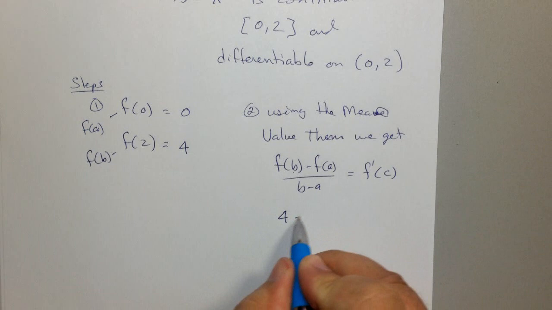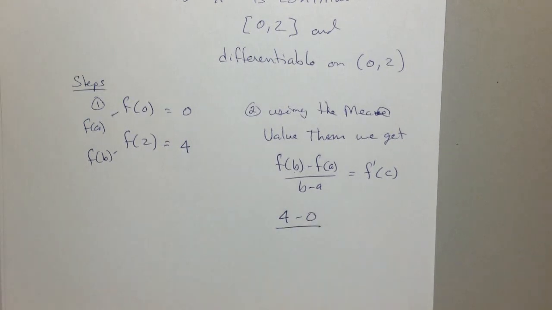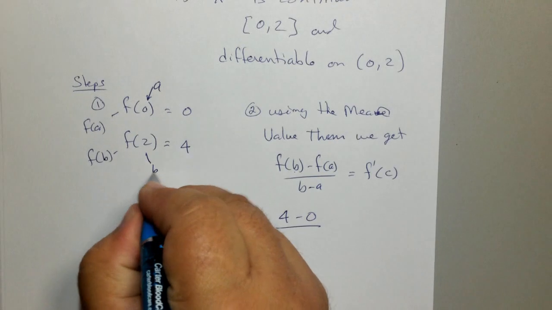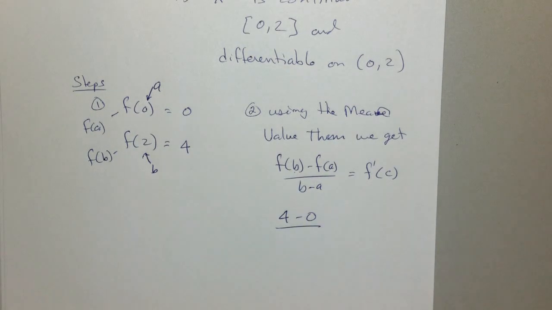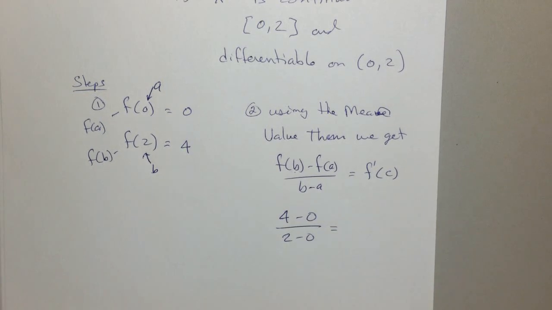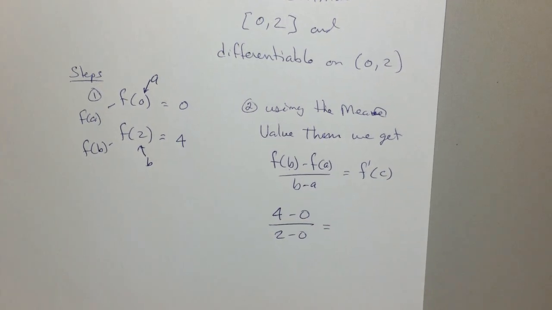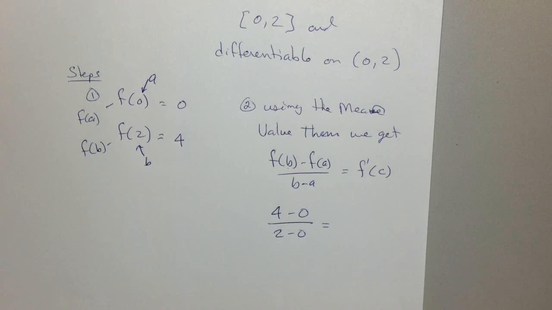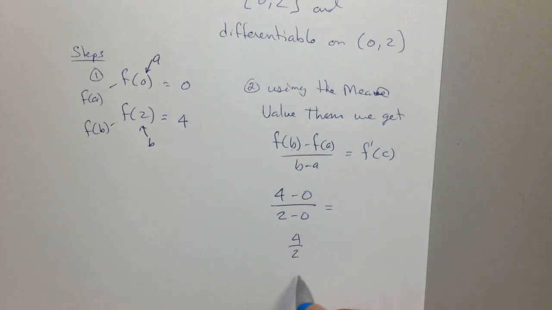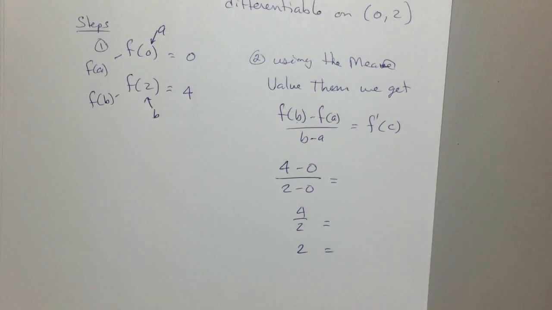So we have 4 minus 0, and this is a, and this is b. We have 2 minus 0. Four divided by 2 is 2. It's not the answer, it's what we're looking for.